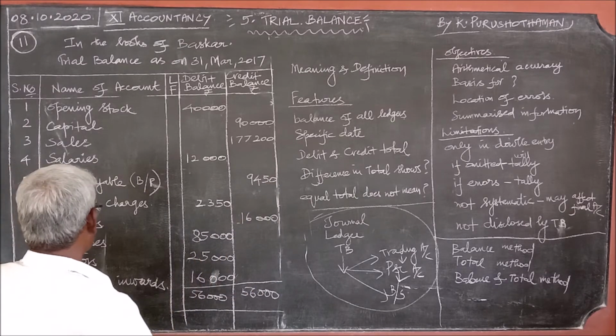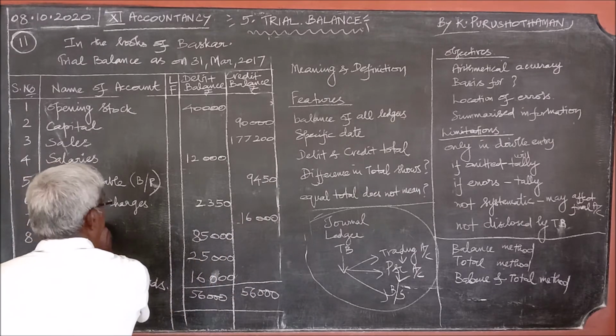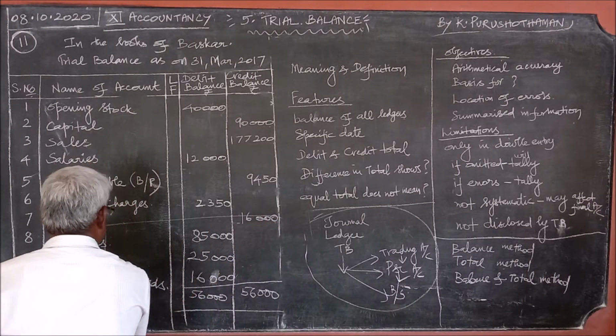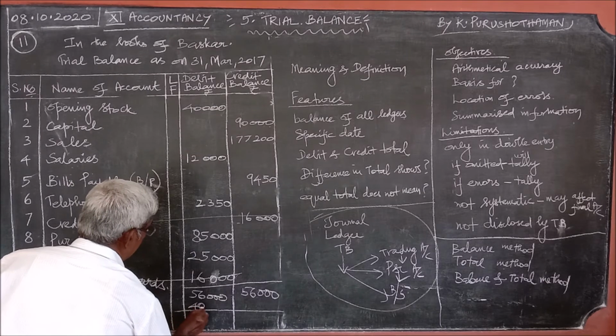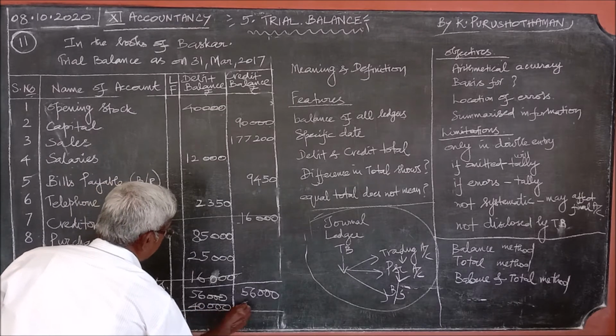But what happens? You just omit credit 16,000 and carriage inward 16,000. Then what total will you get on both sides? 40,000.